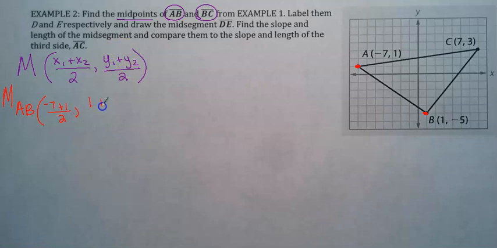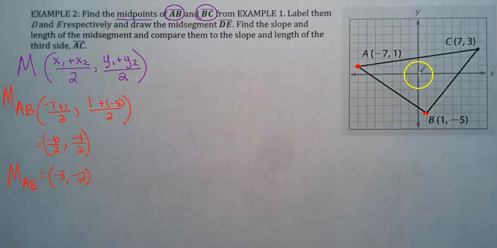So 1 plus -5 divided by 2. This is going to equal -7 plus 1 is -6 divided by 2, comma, 1 plus -5 is -4 divided by 2. -6 divided by 2 is -3. -4 divided by 2 is -2. So the midpoint of segment AB is -3, -2.